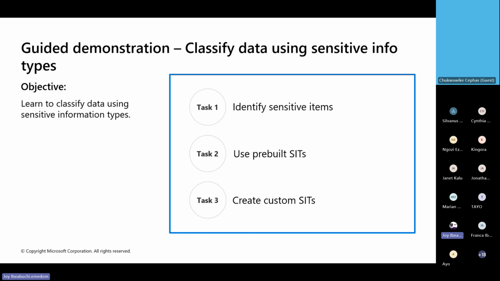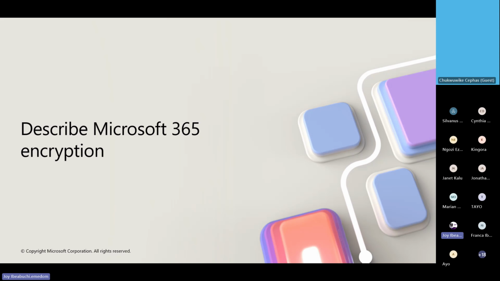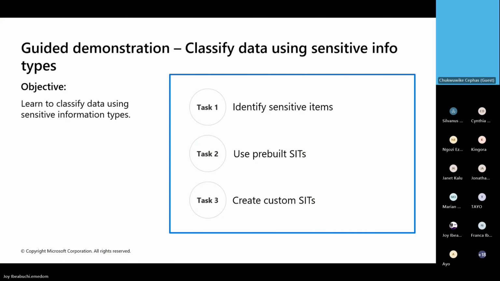Even just rewatching this again, my brain is thinking, now we've understood how to identify sensitive items. We've understood that even without technology, there are unique things about the data that we generate. And for every data we generate, we need to classify it by sensitivity. In an organization, chunks of data are being generated that we don't have control over, so we can use Microsoft Purview to understand our data sensitivity types, and one way is through classifiers.